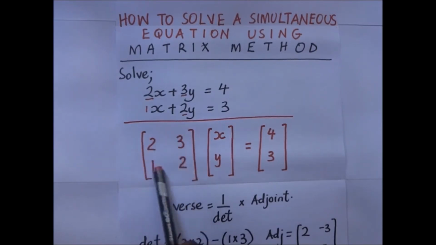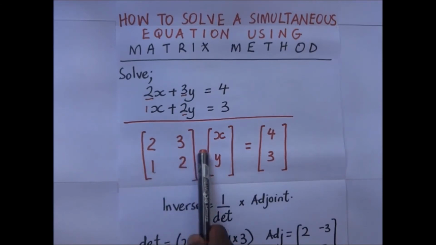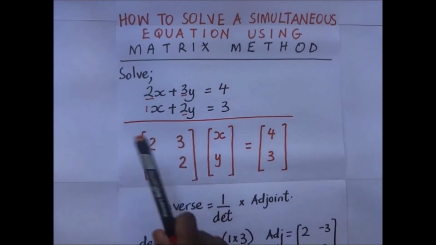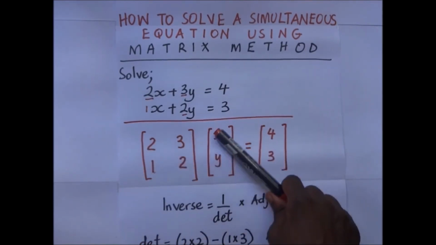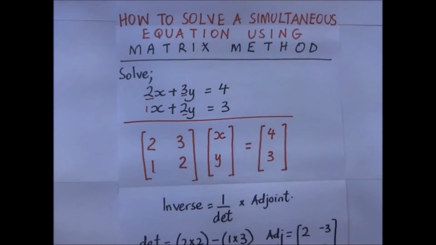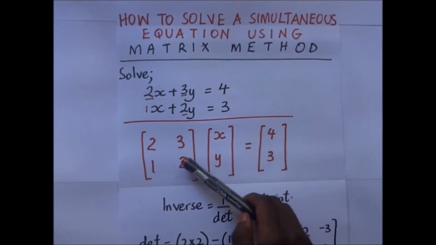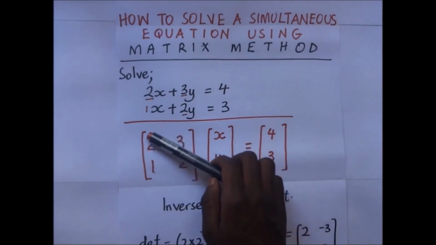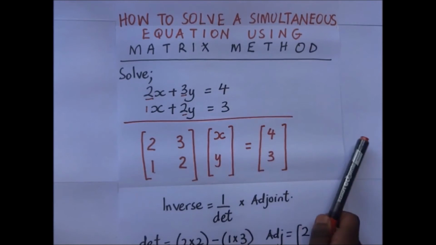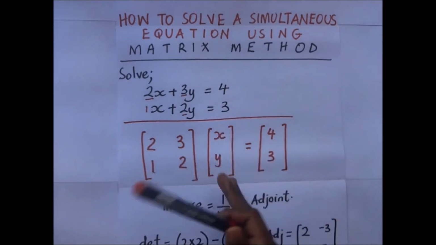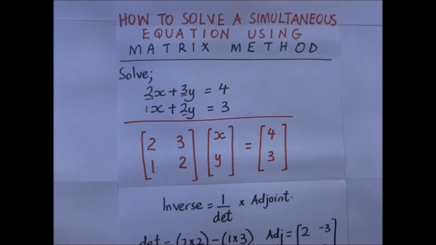When we multiply this matrix by its inverse, we remain with an identity matrix here, so that we're able to remain with x and y on only this side and the rest on the other side. So we are going to find the inverse of this matrix. When we get the inverse of this matrix, we multiply it on both sides, and afterwards we'll remain with x, y on just one side of the equation.